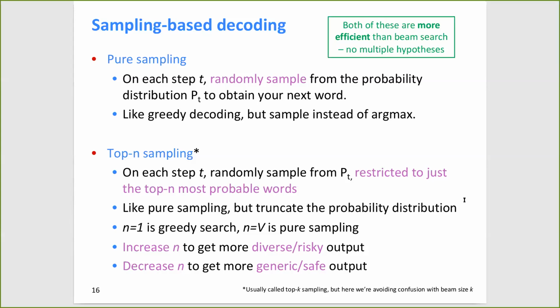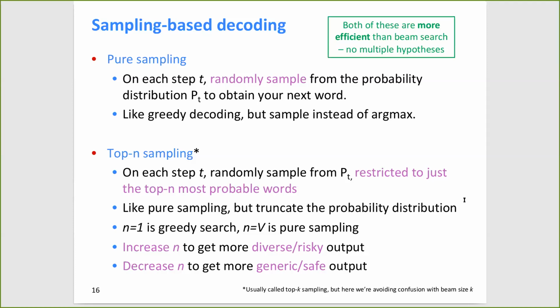Instead of going by the argmax and picking the word with the highest probability score, they do a random sampling. They take the probability distribution and do a random sampling out of it, and that would be the generated word for that timestep. So this is very much like greedy decoding, but instead of using argmax, we are going by random sampling. That's how pure sampling works.